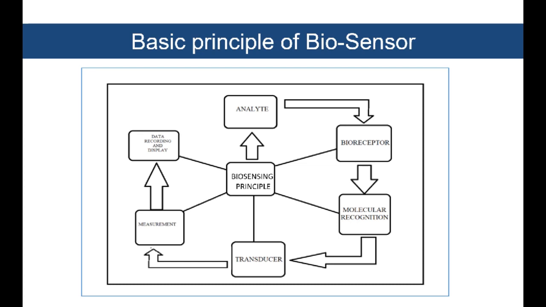That signal data we have got from the transducer after the transduction process is further transmitted to the data recording center, that is the display and the data memory center, where the data is stored.